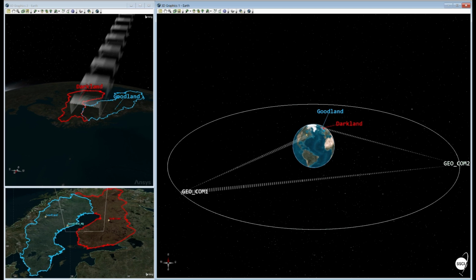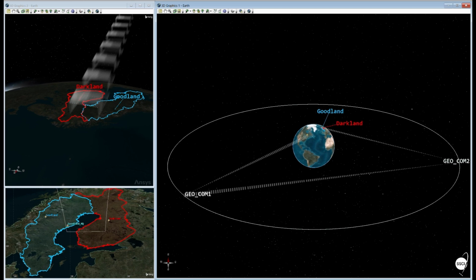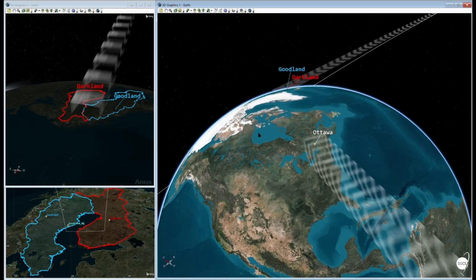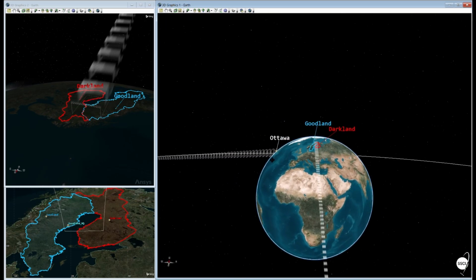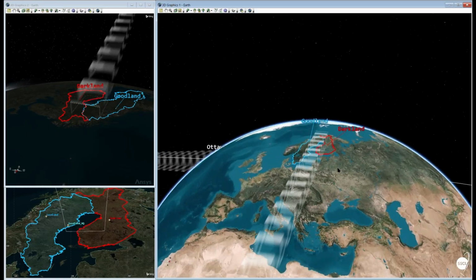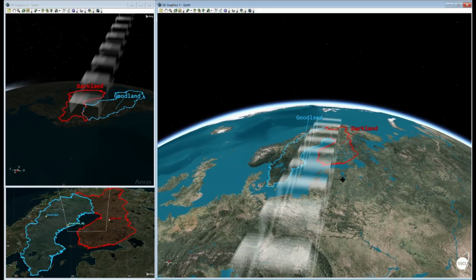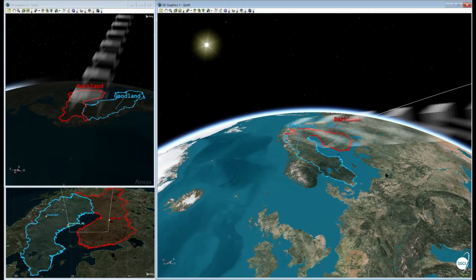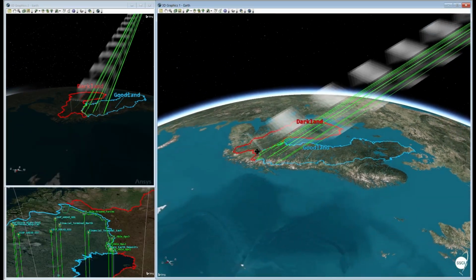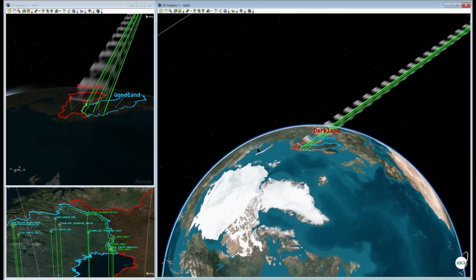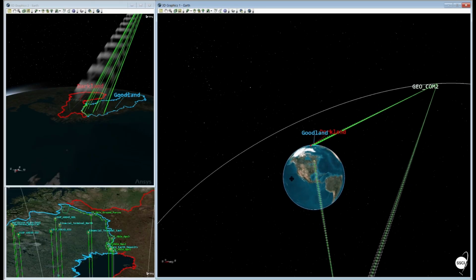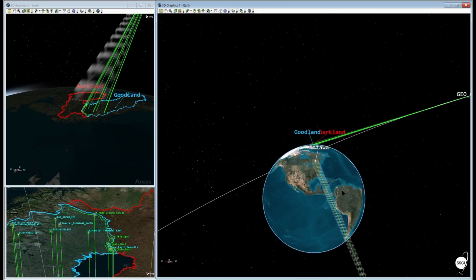This view illustrates traditional geosynchronous satellite communications. Satellites positioned over Canada and Goodland provide persistent, wide-area connectivity between national headquarters, deployed forces, and users on the ground. From an operational perspective, GEO satcom is attractive because it is stable, predictable, and supports long-range connectivity across the globe in near real time.